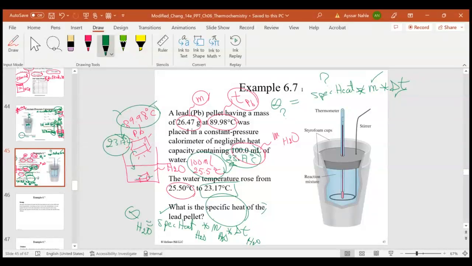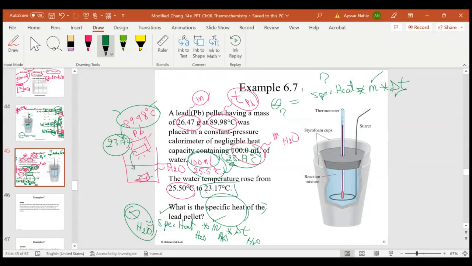Yes. Do I know the mass of the water? Did they give me the mass? That's 100 milliliters, which means it is how much? 100 grams. Okay. Multiplied by delta T. Delta T, it goes from where? It is 23.17 minus 25.5. And this will be the Q of the water.